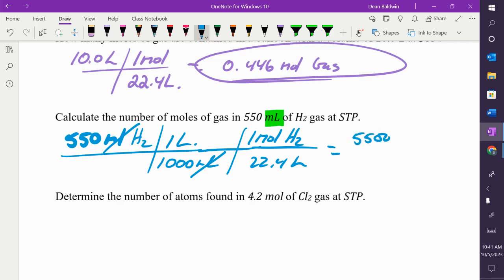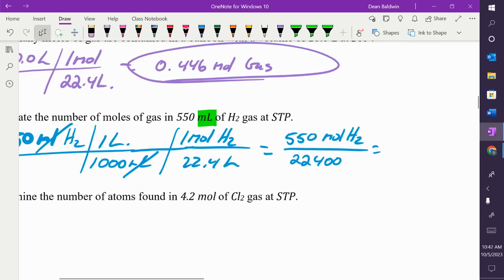Multiply the bottom: 22.4 times 1,000 is 22,400. And then divide top and bottom, and you should get... How many sig figs in your answer? 2, right? Because the first one had 2. 0.025 moles of H2.